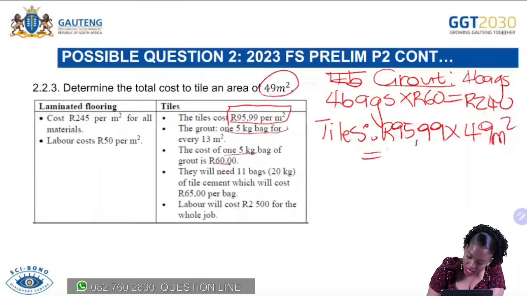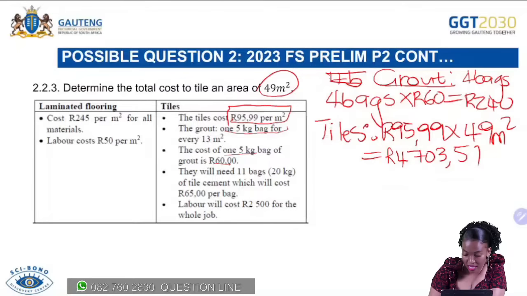The answer is 4,703 rand and 51 cents. This is the cost for tiles.